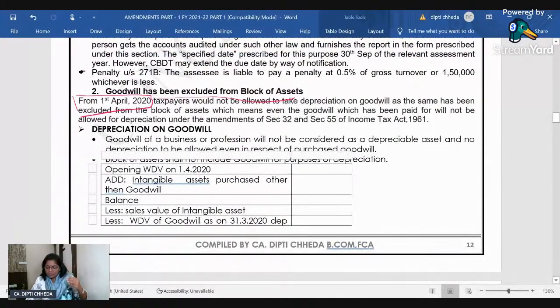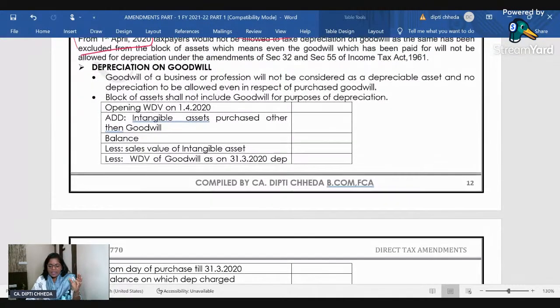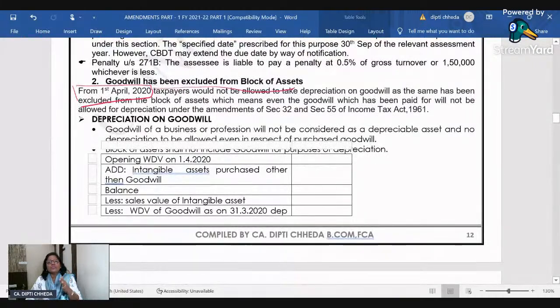So purchased goodwill pays, all the business entities were charging depreciation. Now that depreciation you cannot charge with the retrospective effect from 1st April 2020. Suppose you have purchased goodwill in 2018, 18, 19, 19, 20, you charge depreciation separately.